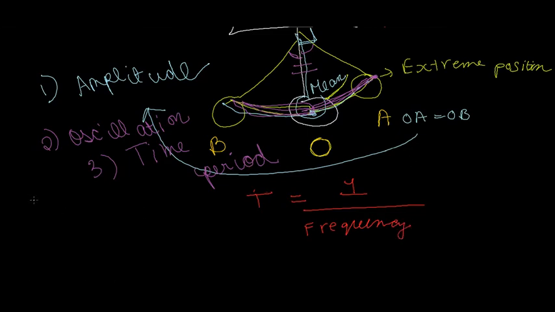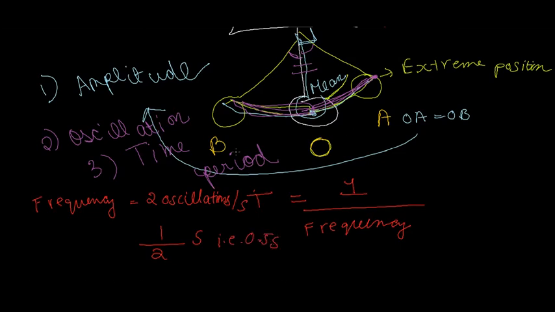Suppose the frequency of a pendulum is 2 oscillations per second. We can easily calculate the time period by the formula 1 over 2 seconds, that is 0.5 seconds.